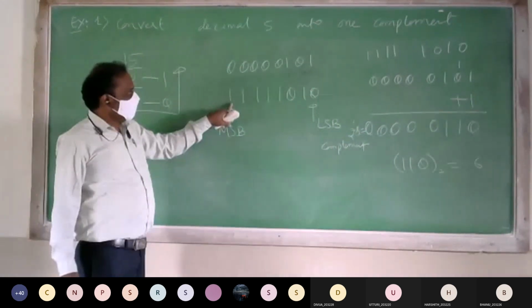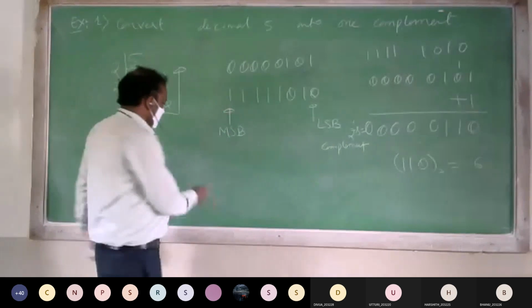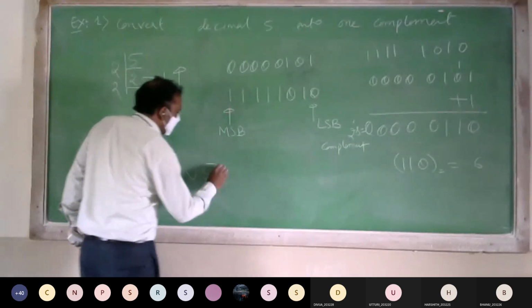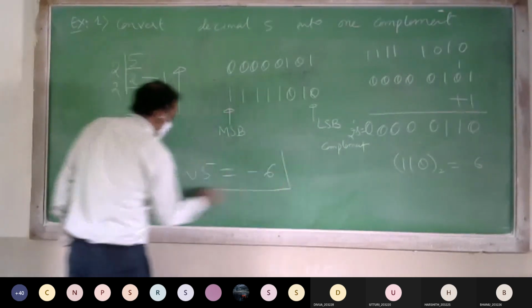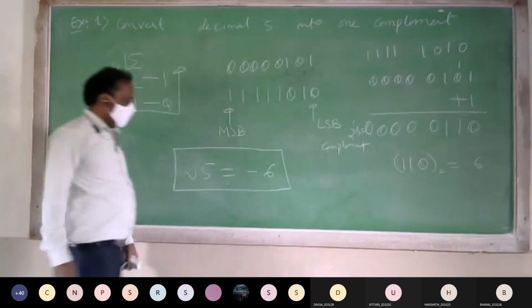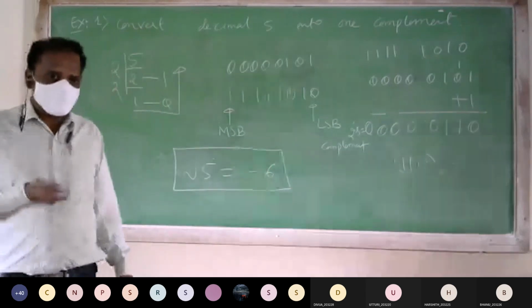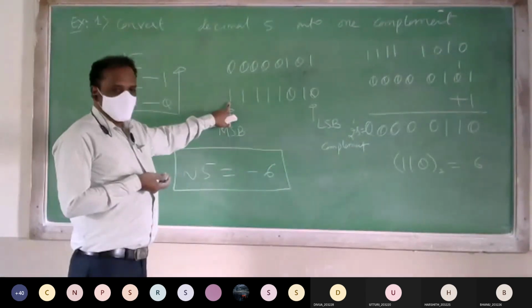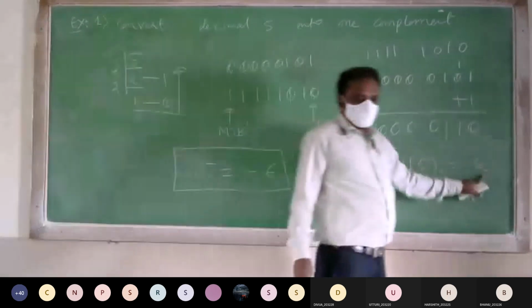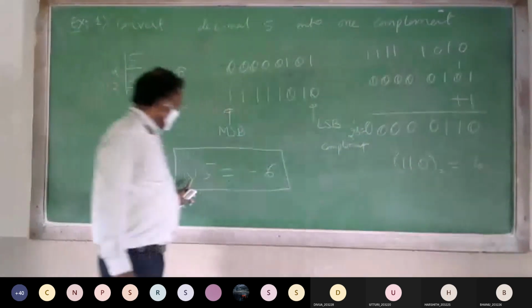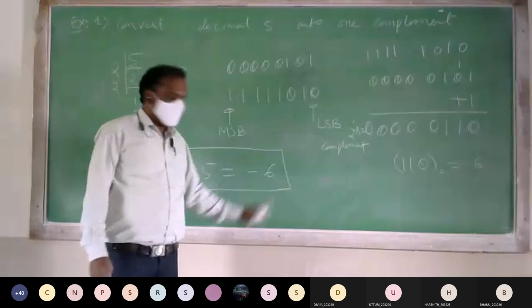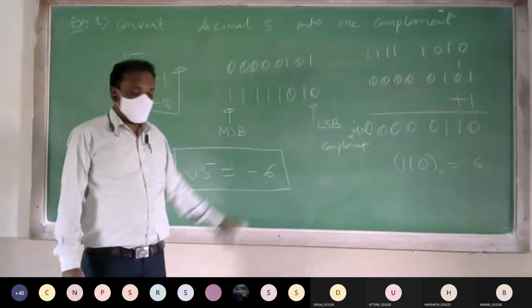So we write: the 1's complement of 5 is minus 6. It is a negative number. So you have to write that the 1's complement of 5 is minus 6. This is the answer.